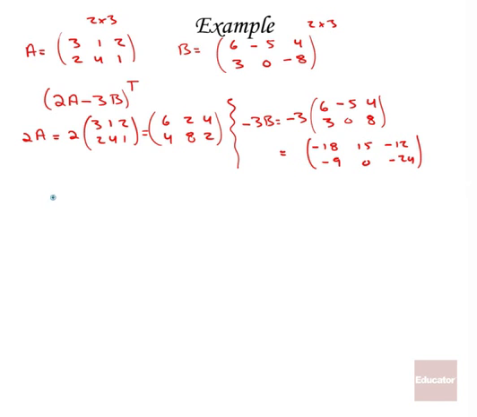So now we have 2A minus 3B. Notice this minus sign, we took care of it already, so this is the same as 2A plus the negative 3B. That means I add that matrix with that matrix.